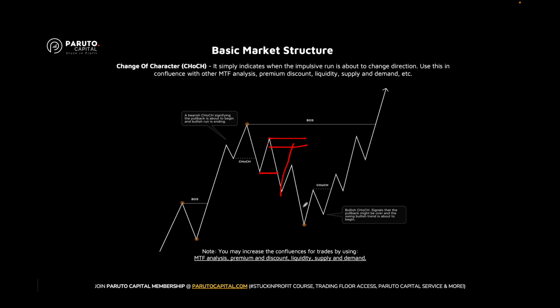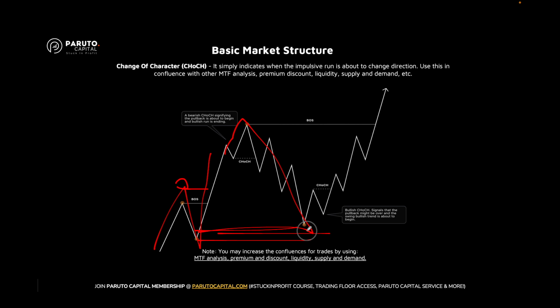But we expect price to always mitigate the zone before we look for an entry, to continue the pullback or the trend. So this continues, and then we see that price comes into the zone here, right? So this is the major break of structure that happened here. Now we know that this is a protected zone because it took out this high here. So we expect price to go up and come back into this zone and continue the movement up. And surely that's what we have.